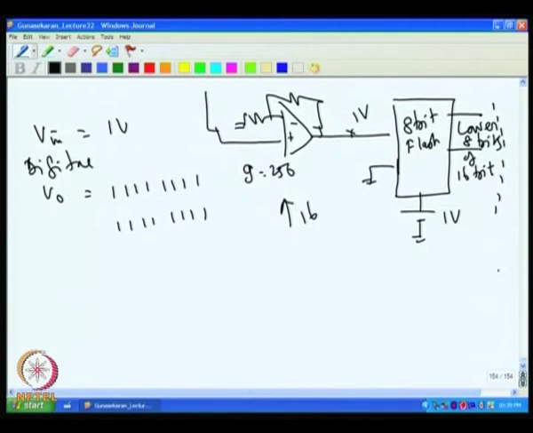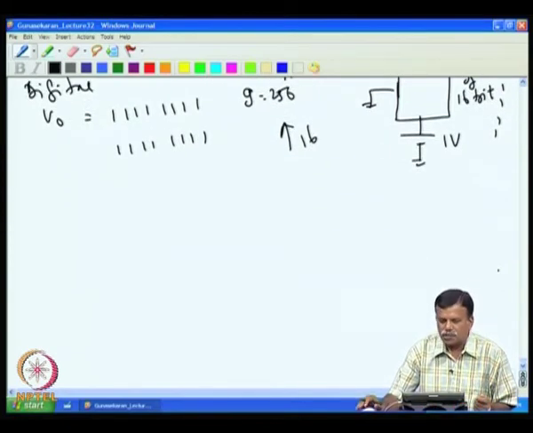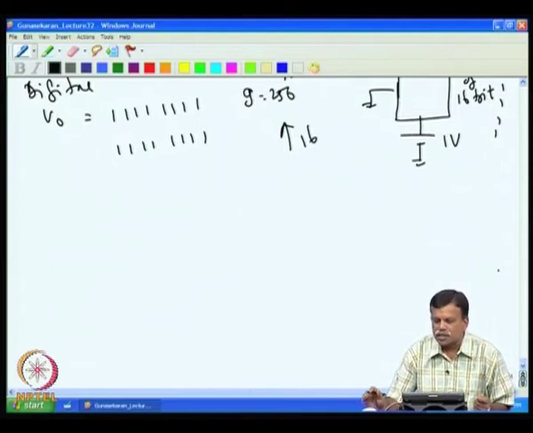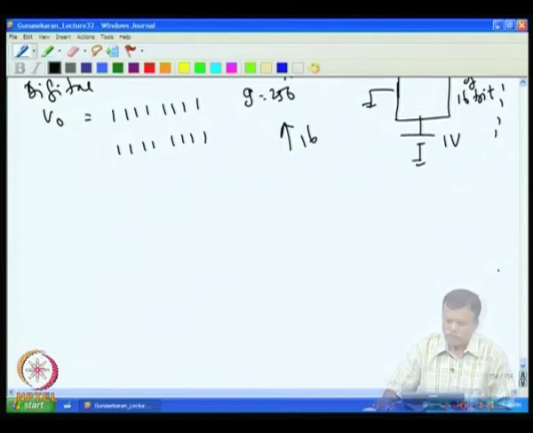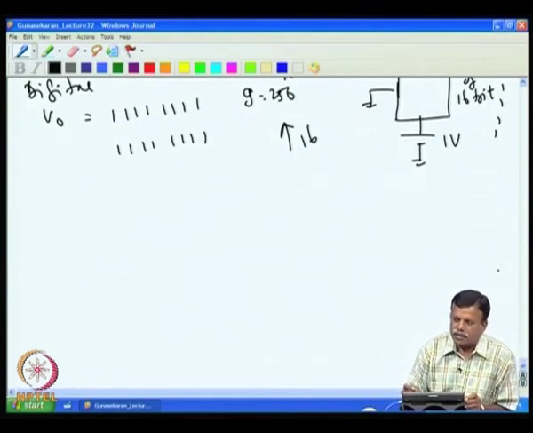So, almost all higher bit flash converters are actually subranging A to D converters. Sometimes it is also called a pipelined ADC. These A to D converters are very fast, because you have only the direct comparison with the comparator. So, the conversion time goes in nanoseconds.